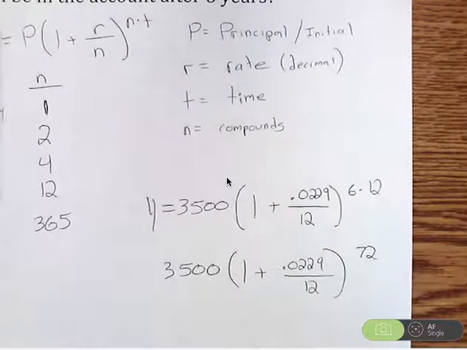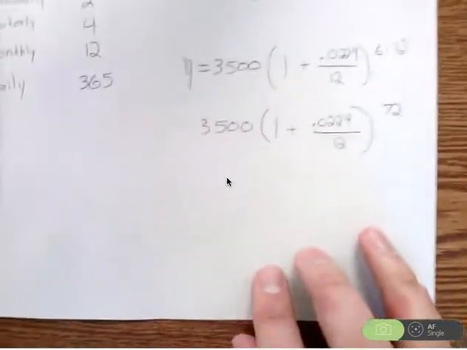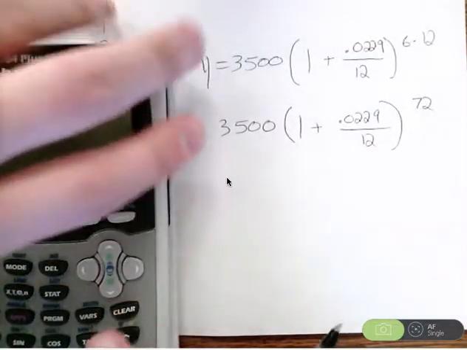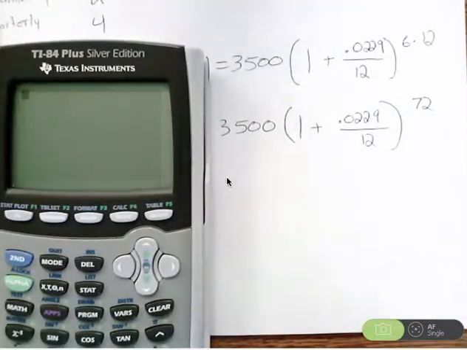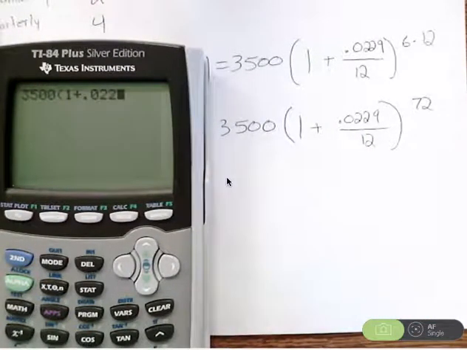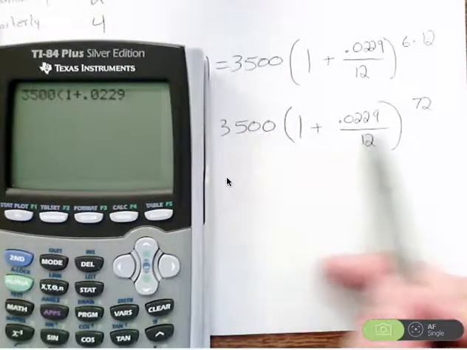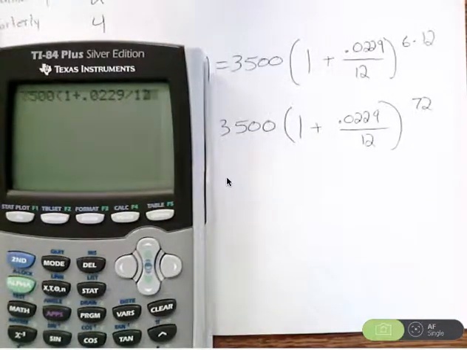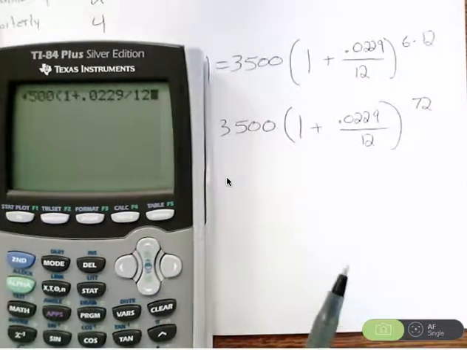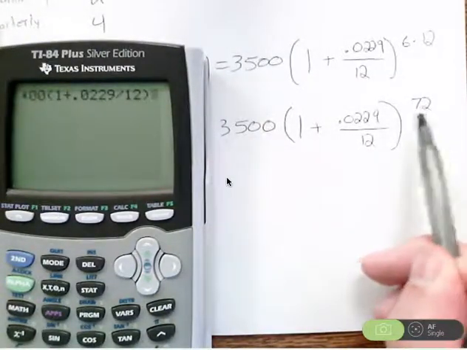So I'm going to plug all of that into my calculator, with a whole lot of parentheses where I see parentheses here. I'm going to start with 3,500, parentheses, 1 plus 0.0229, then my division sign, 12. So I'm going left to right. Then I need a closing parenthesis, and then an exponent of 72.